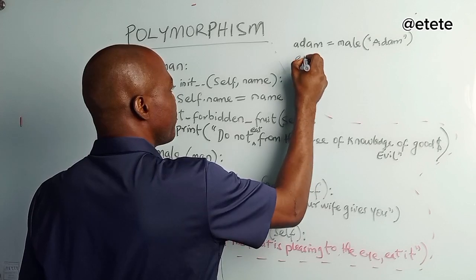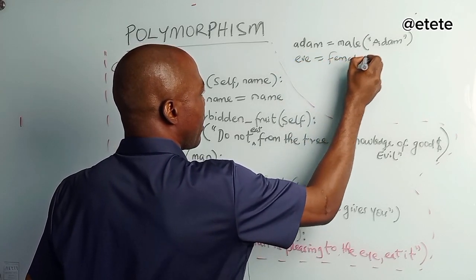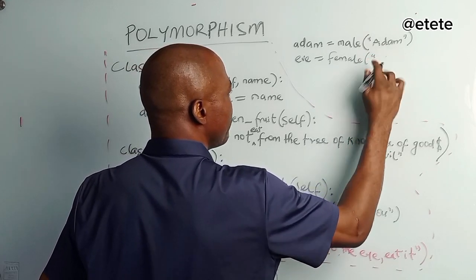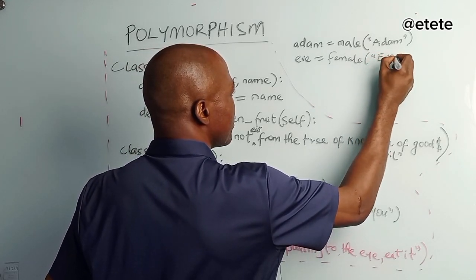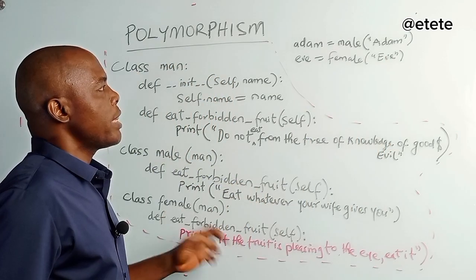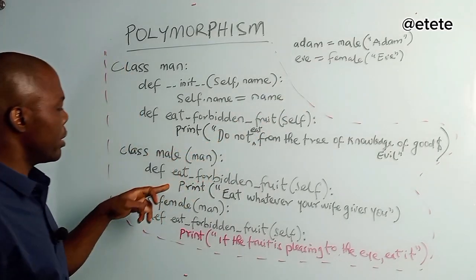Then I will say if female, I'll supply if to it. Now I am going to use this to call this method.